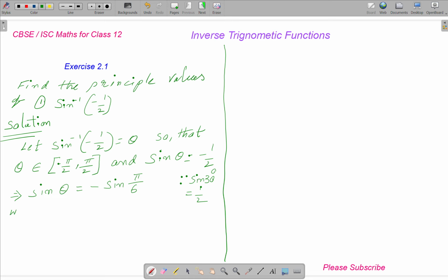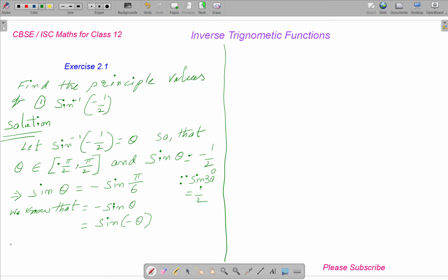We know that minus sine theta is equal to sine of minus theta.